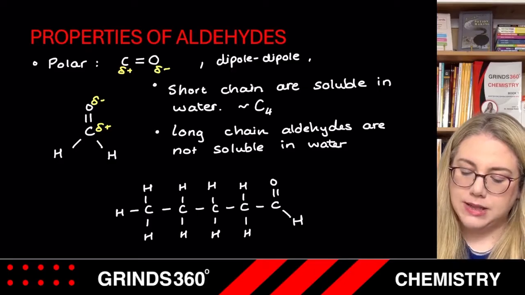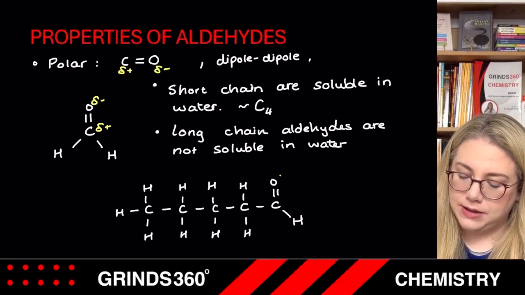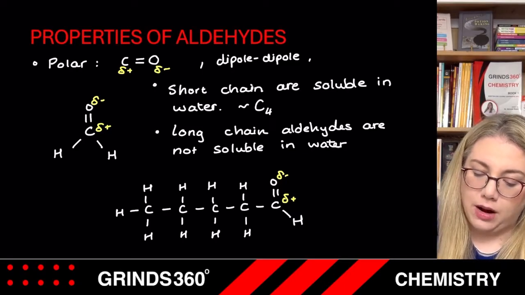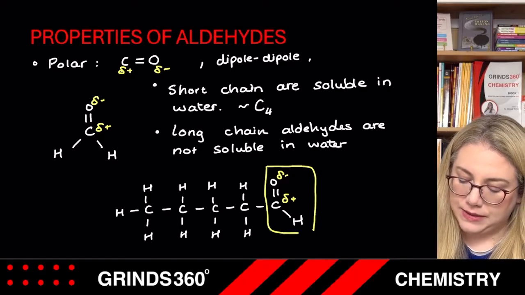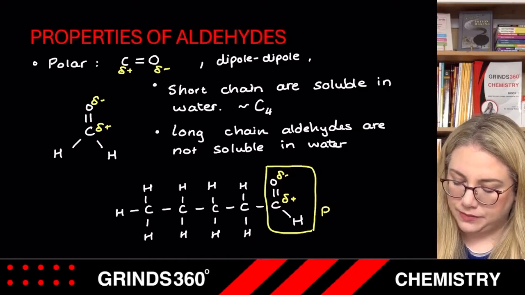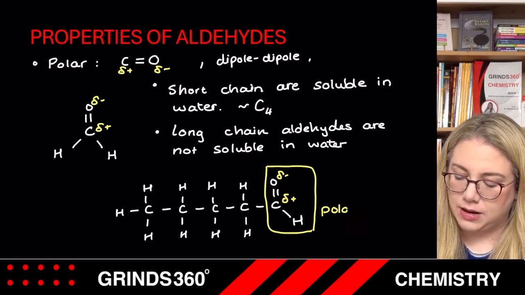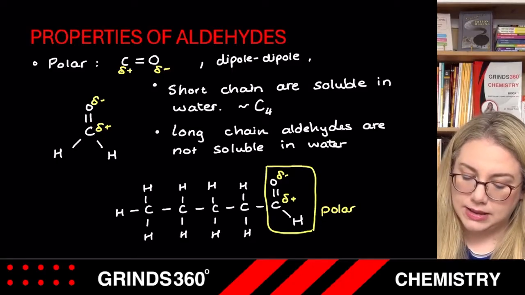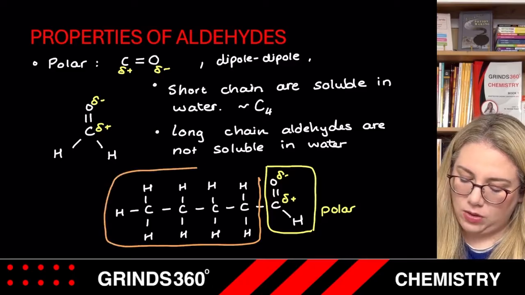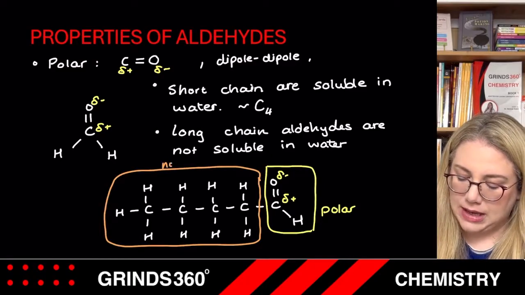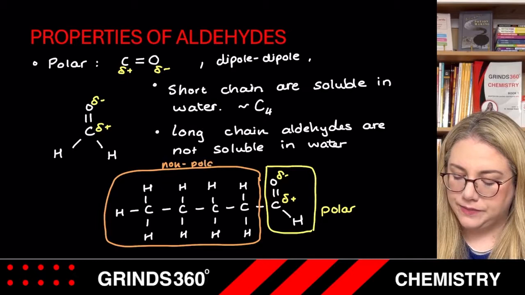Now the polar part of this molecule is where you have the delta minus on the oxygen, the delta plus on the carbon. So this part of the molecule over here is polar covalent. Technically it's just the carbon-oxygen, the carbon-hydrogen is not. Then all of this bit here on the left hand side is non-polar covalent.